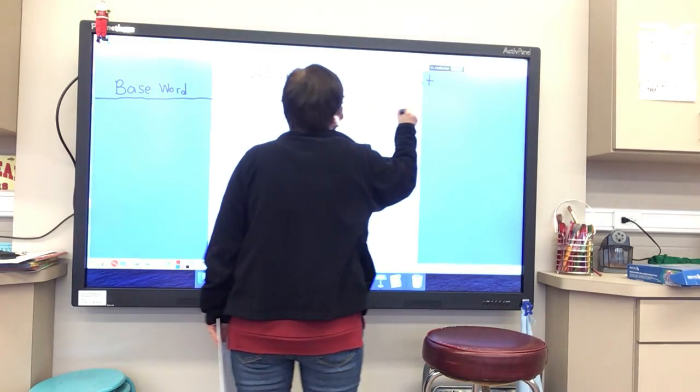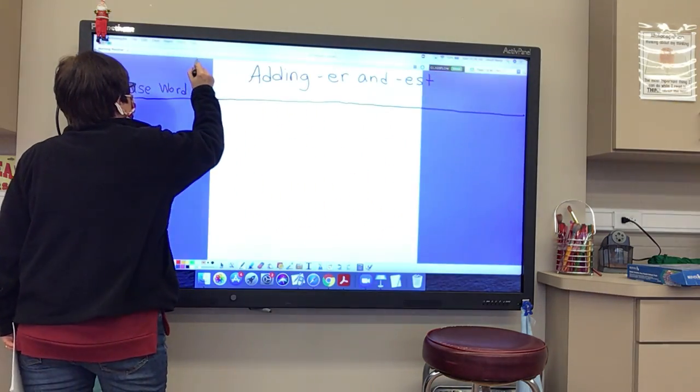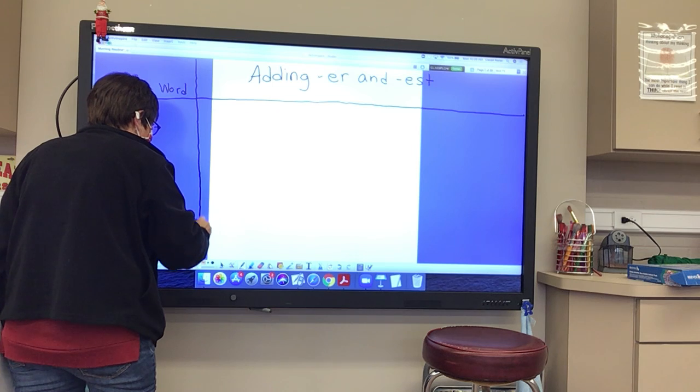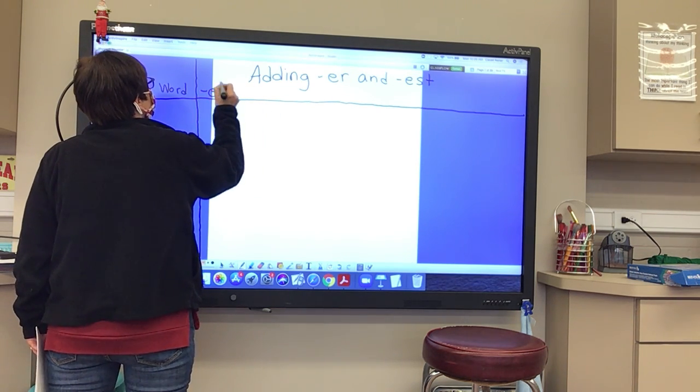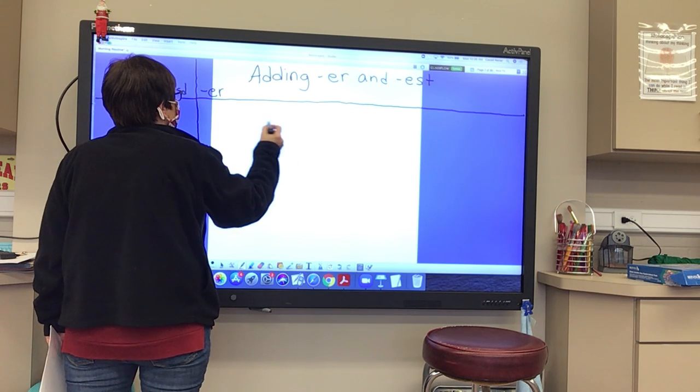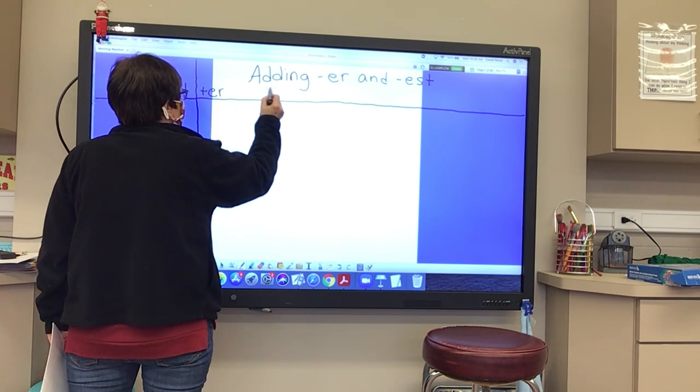Okay, base word. And then I'm going to write plus ER, as a matter of fact. I'm going to leave room for me to write it.